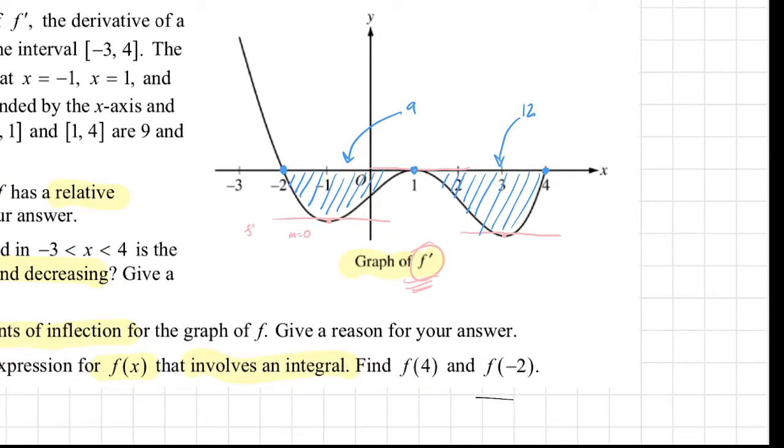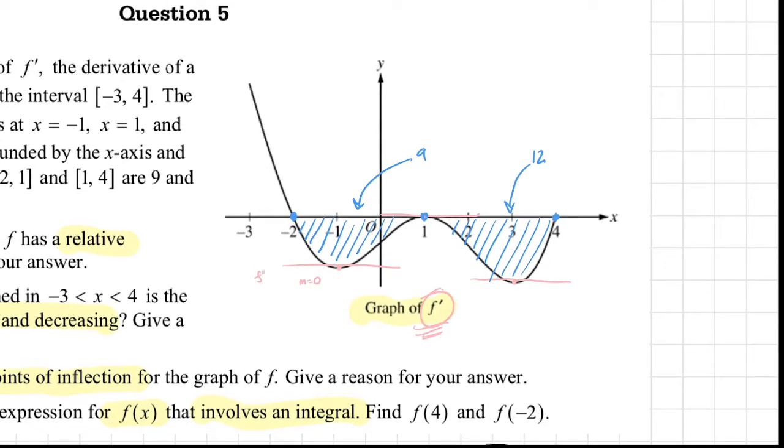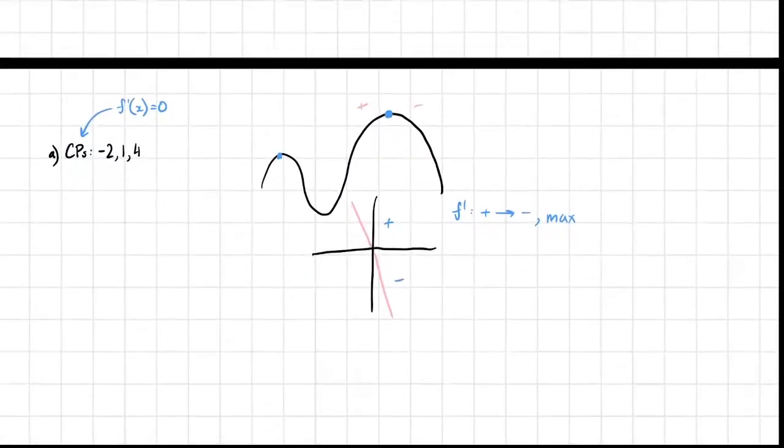Now at 1, we go from negative to negative, so that's not any local minimum or maximum. That's going to be something else. And at 4, because it's a bound, it's also not enough information. We don't really know what's going on after this, so we cannot say. That's also why we won't use -3 as a critical point here. In other cases, we probably would.